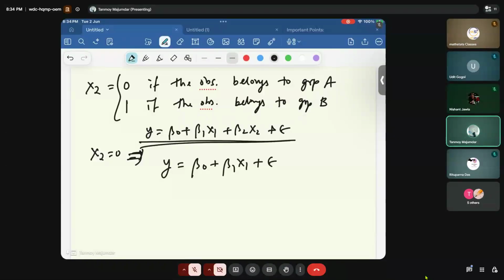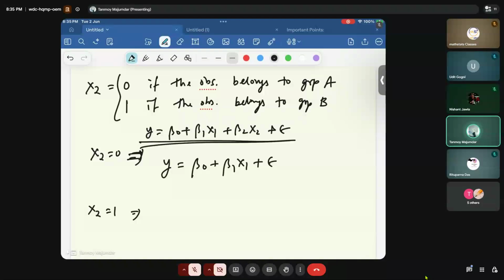So when we are separating the variable groups, and when the observation belongs to group A, then the model is like this. So basically we are dividing the single model into two models: one when x2 equals 0 and one when x2 equals 1.